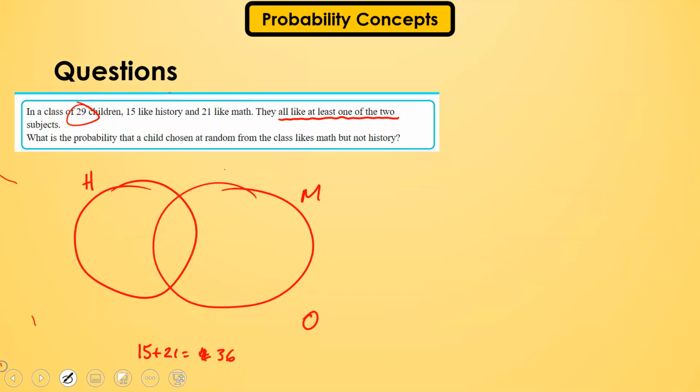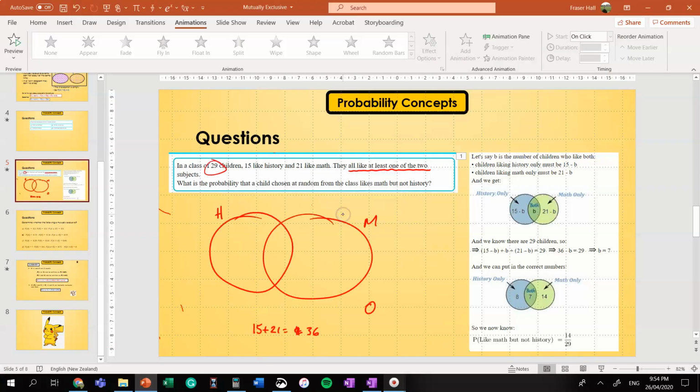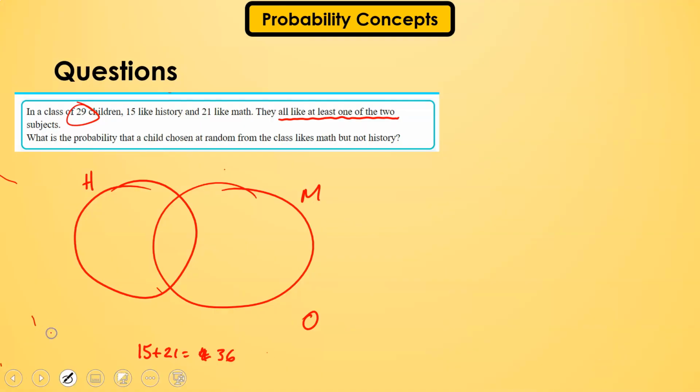So, hang on. 36 take away 29 gives us 7. So it means there must be 7 people that like both, because they're being counted twice in this 15 and in this 21.